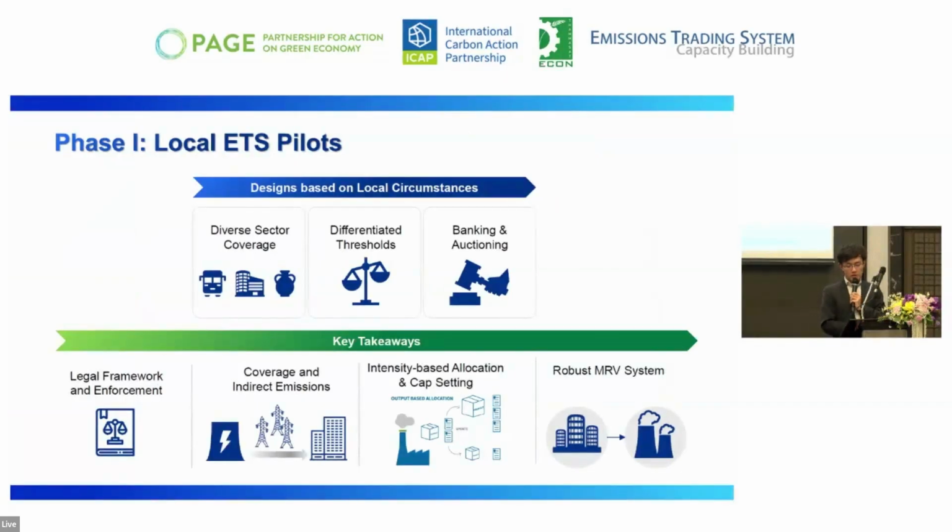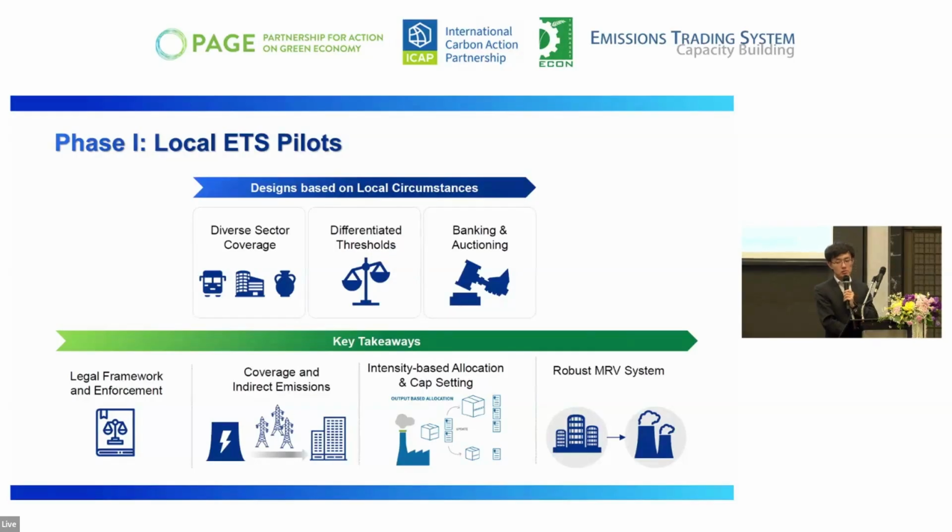Even though we divided it into 3 phases, in each phase there are sub-phases, because when you establish the local ETS pilots, you need to do capacity building, analyze the thresholds, and build the infrastructure, which is the registry and the trading platform. You also need to put legislation in place and then kick off the trading. I won't touch on all the details, but I will briefly introduce them verbally.